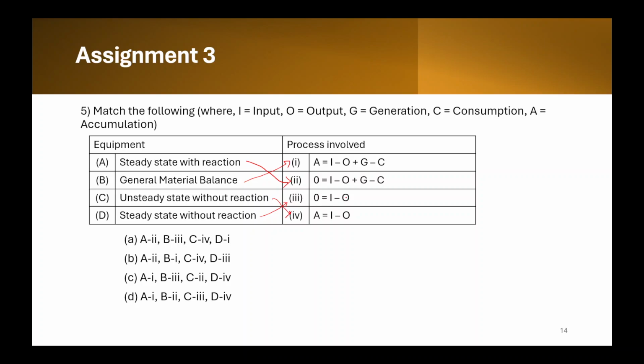So 0 is equal to input minus output, or I is equal to output. All right. The correct option will be A2, B1, C4, D3.